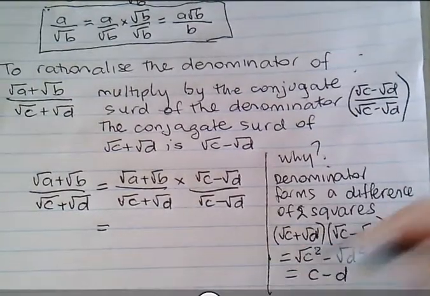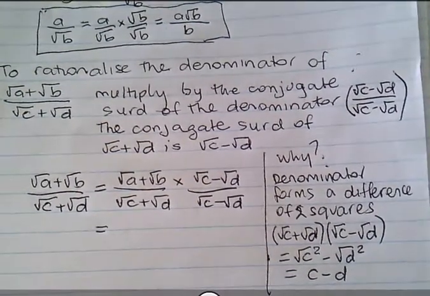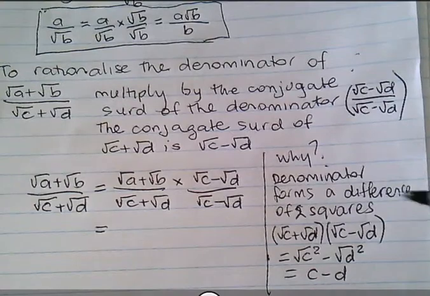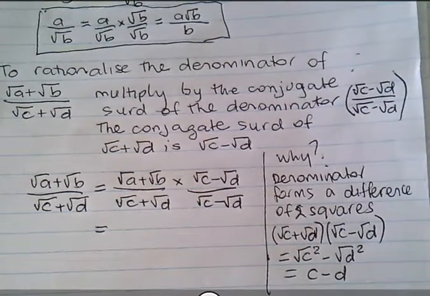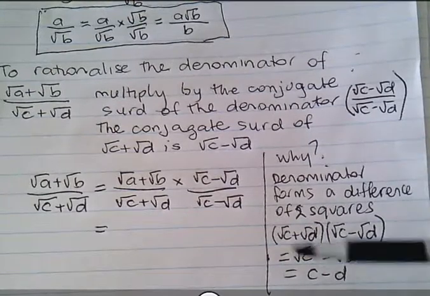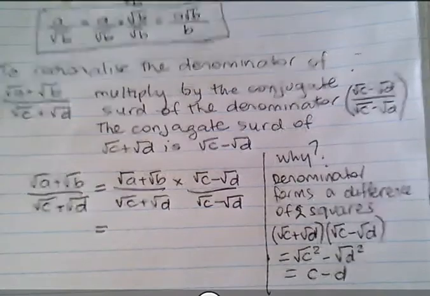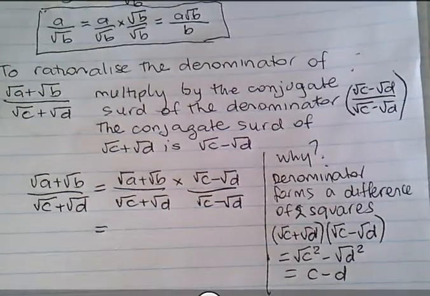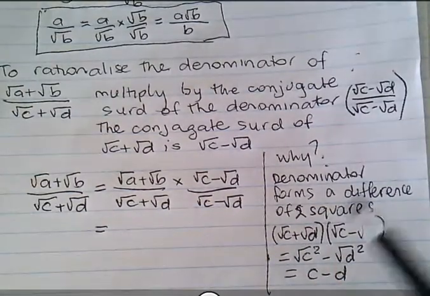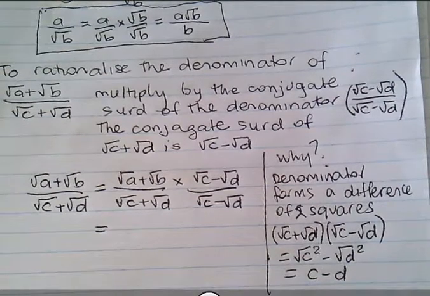So that is why we do it. Now we're going to do it over here, all right? So if you're ever wondering, do I do the same sign or not, it's got to be the difference of 2 squares, so that by doing that you lose all surd components in the denominator. If you multiply by root c plus root d over root c plus root d, you'll end up with a perfect square on the denominator. You'll still have a surd term in the middle, all right?